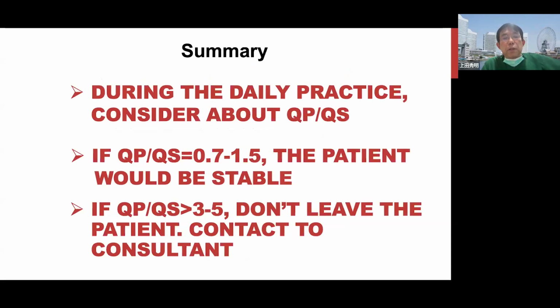If the QpQS is around 0.7 to 1.5, the patient should be very stable. But if you find the QpQS is about 3 or 5, please do not leave the patient alone. Please contact the consultant to reduce this excessive pulmonary flow.